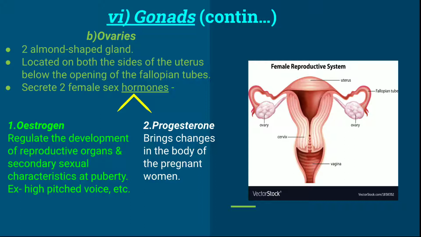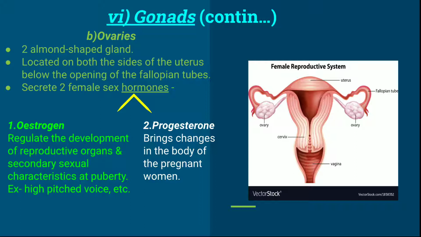Okay, so the ovaries secrete two types of female sex hormones, one is estrogen, another one is progesterone. This estrogen regulates the development of the female reproductive organs, and even the secondary sexual characteristics at puberty.